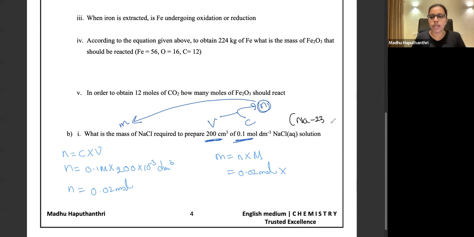Sodium is 23, chlorine is 35.5. Then this is coming as 58.5 grams per mole. So when you simplify, this will be 1.17 grams.